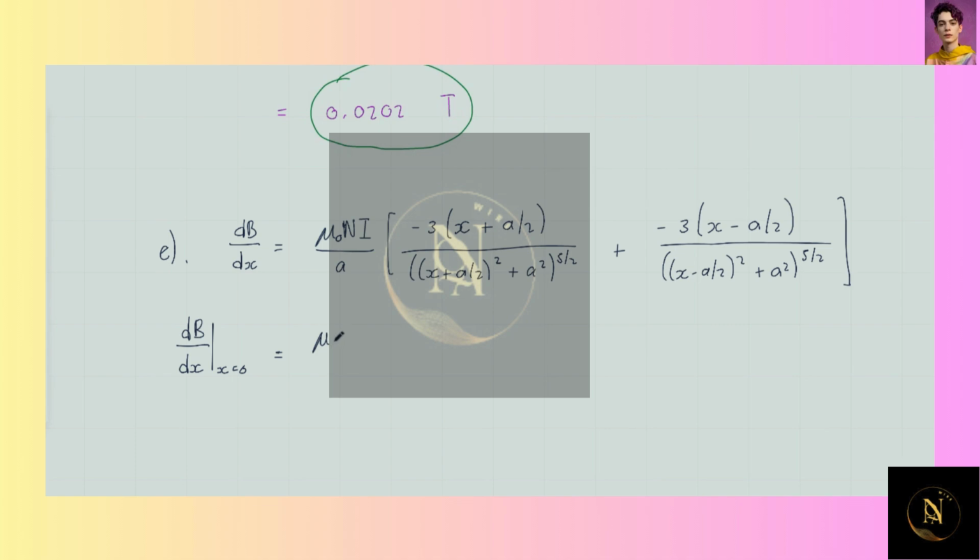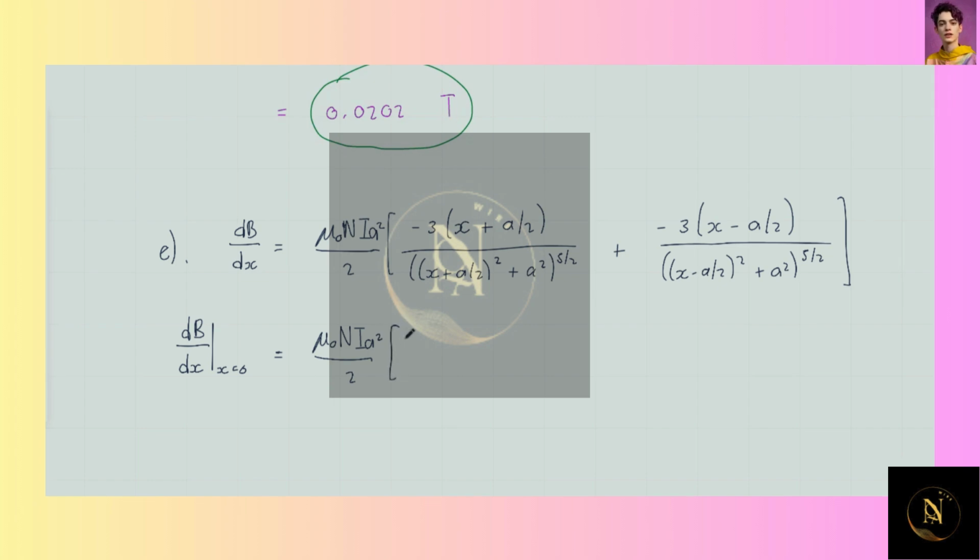This becomes mu naught N I multiplied by a squared. It's actually a squared divided by 2, not divided by a.